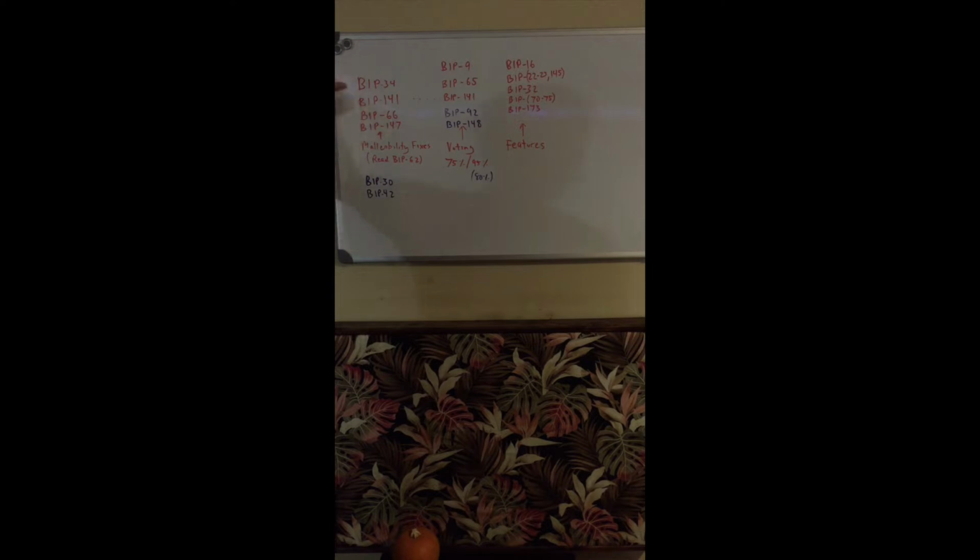So BIP 34 is the first swipe at this because there was an incident. BIP 30 is the fix to the incident, and the incident is that there are two transactions that happened that are exception transactions that happened because the Coinbase got malleated. Coinbase transaction, of course.